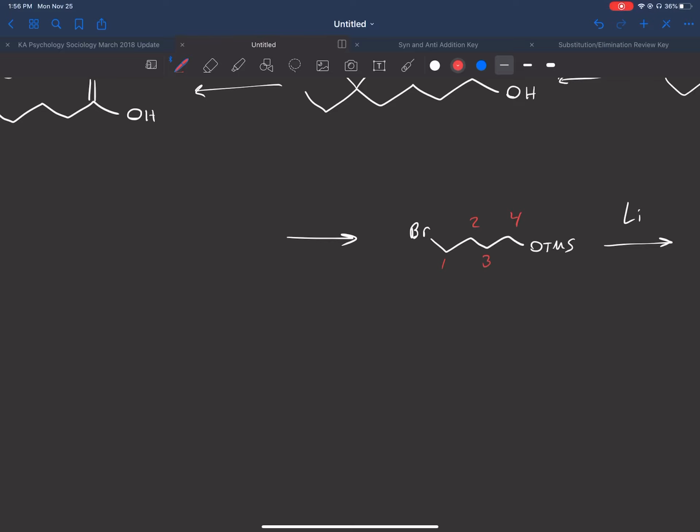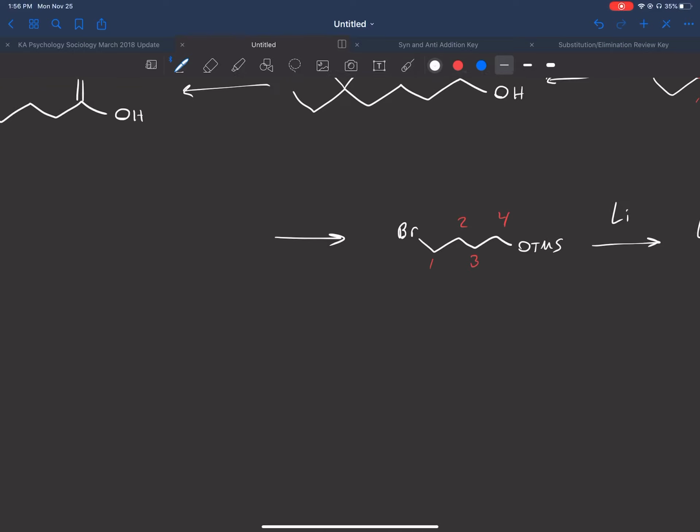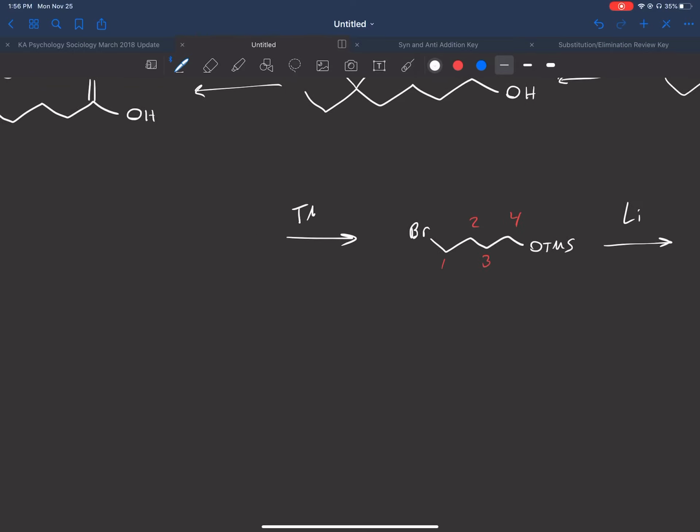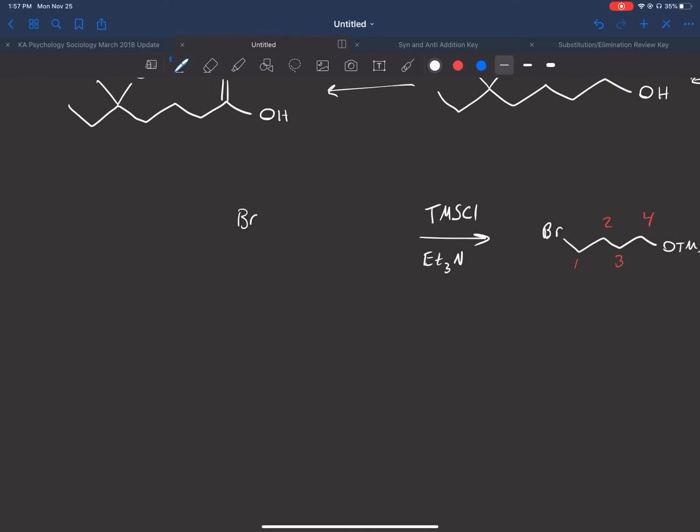Alright, we're at 4 carbons. We're done. We don't need to do another cut. But we still have this protecting group on, so we have to take it off. To do that, we do TMSCl over Et3N, and we just take it off. You get that? And so that's how you would have done it.